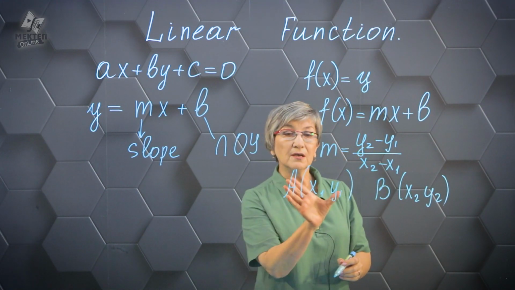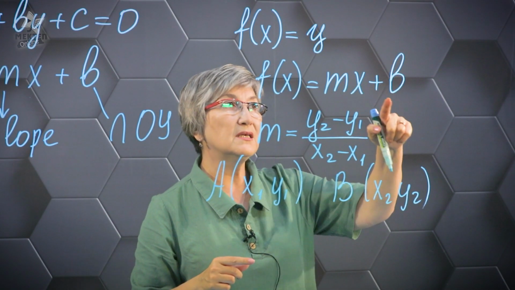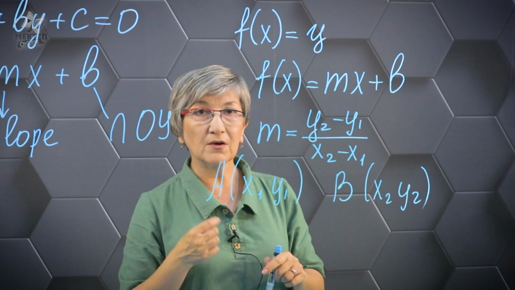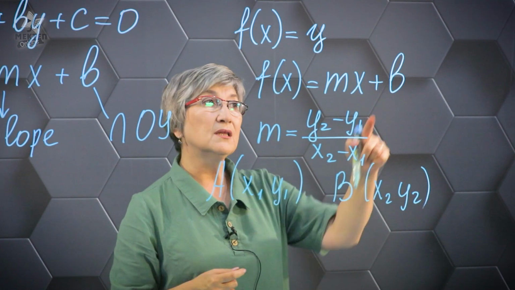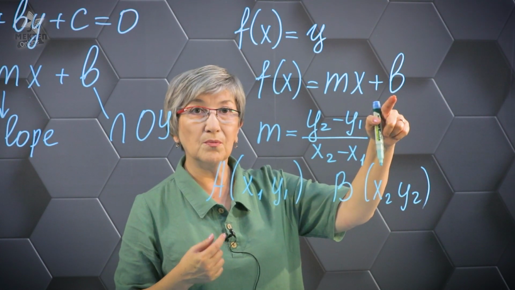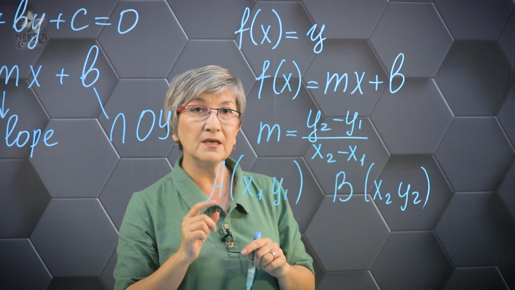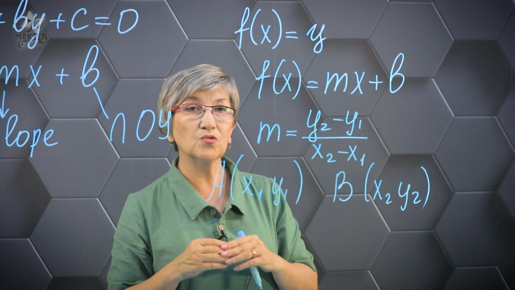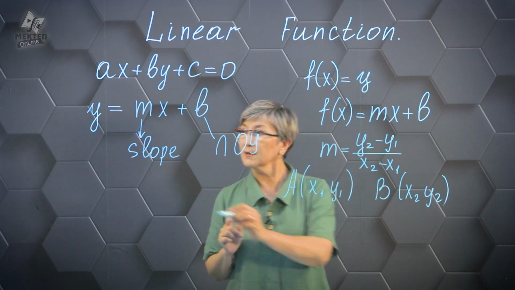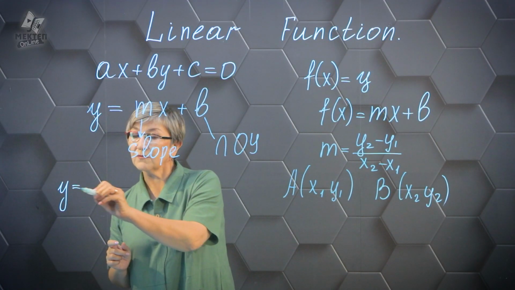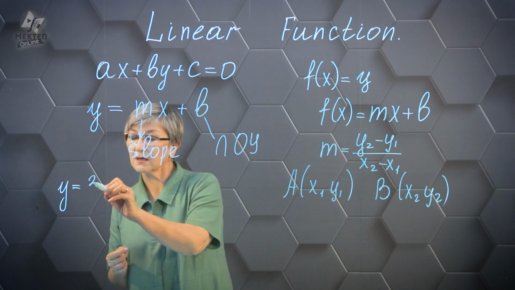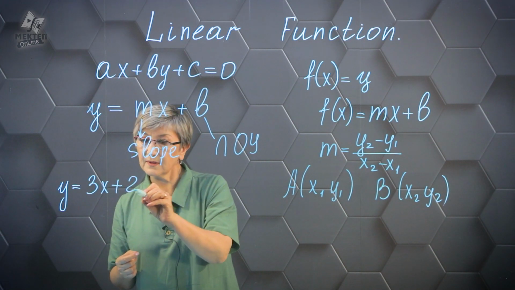To find where the function graph crosses the y-axis, we simply need to check the value of b. And b is the point where the linear graph intersects the y-axis. Let's write the equation of the line. The line's equation can be written as y equals 3x plus 2.